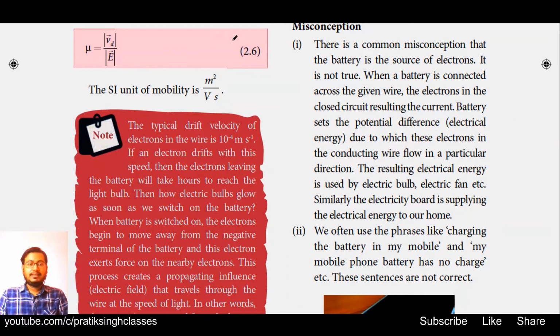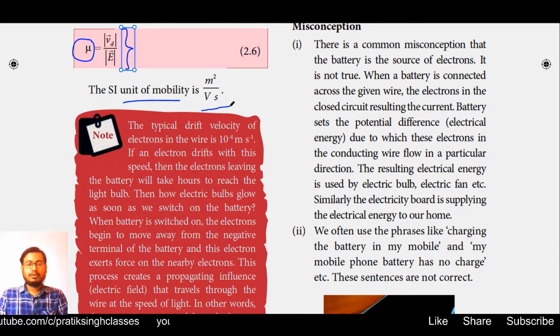We can write that mobility mu is equal to mod Vd by mod E. We are only taking the magnitude, not the direction, because mobility is a scalar quantity, and so its SI unit is meter square per volt second.